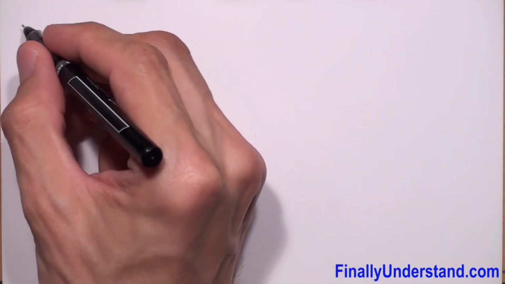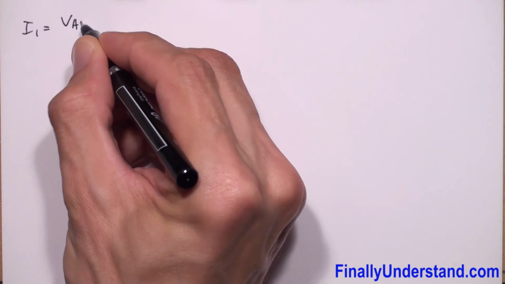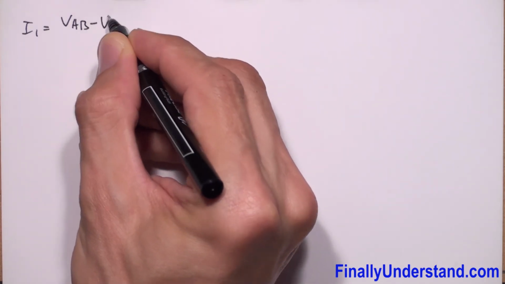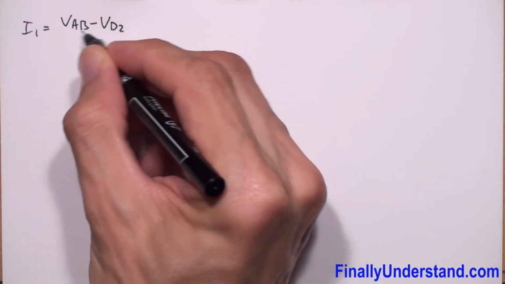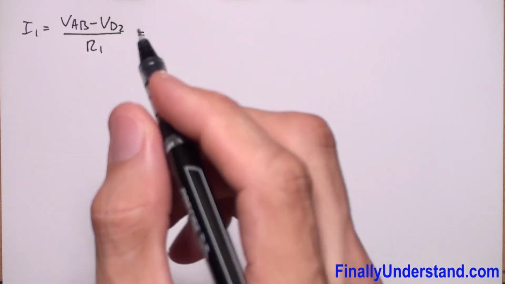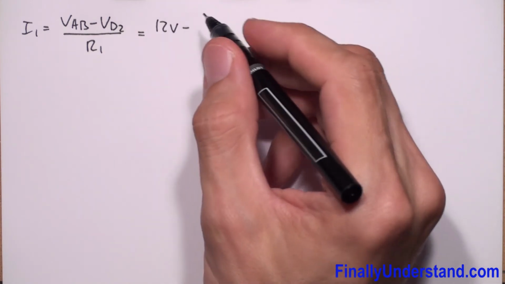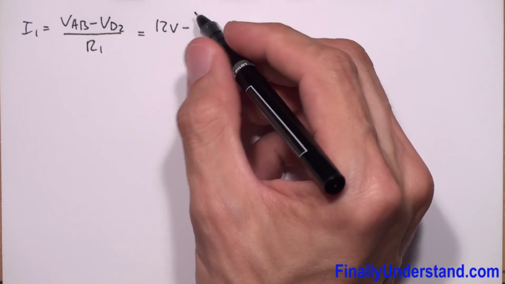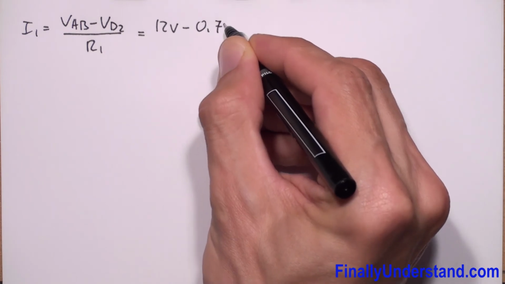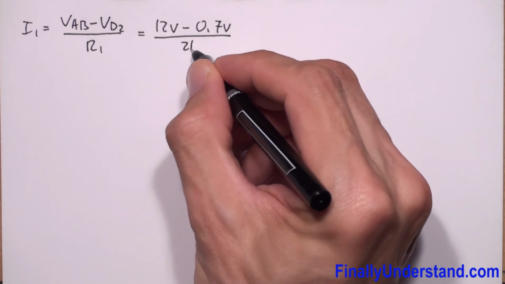Okay, so let me copy down these formulas and perform the calculations. So I have I1 is equal to VAB minus VD2 over R1, where VAB we found is equal to 12 volts minus VD2, this is a silicon diode, so this is 0.7 volts, over R1, which is equal to 2 kilo ohms.